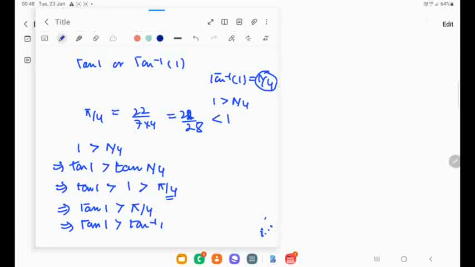Which is greater, tan 1 or tan inverse 1? Tan 1 is greater than tan inverse 1. Okay, done.